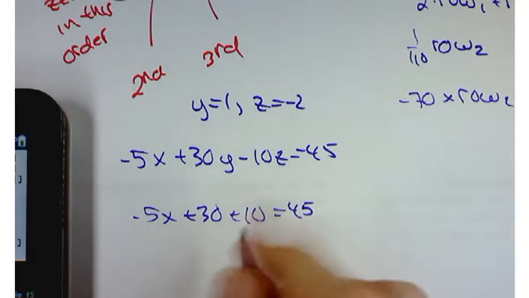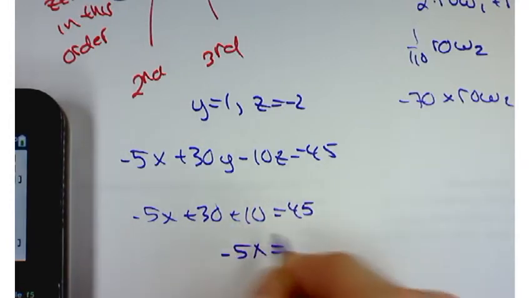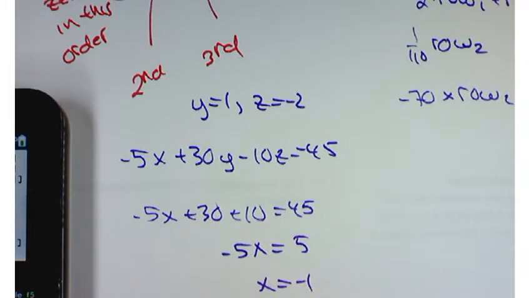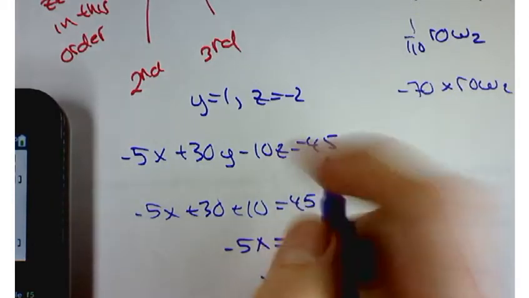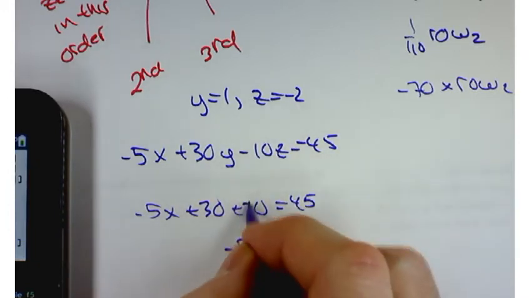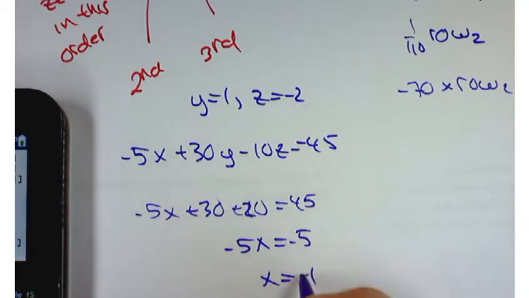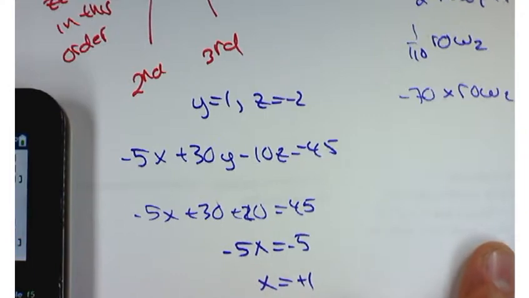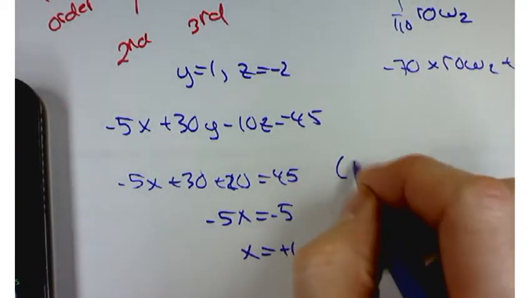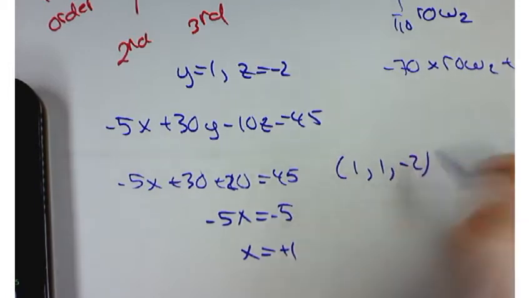So -5x equals 5. I get x is -1. Oh, wait. My bad. -2 times that should be plus 20. So it'd be +1. There you go. So your overall solution is 1, 1, -2.